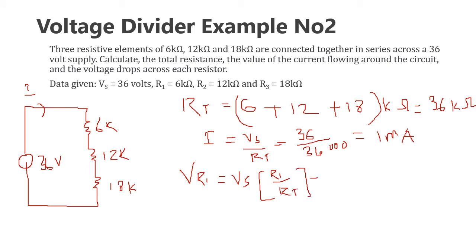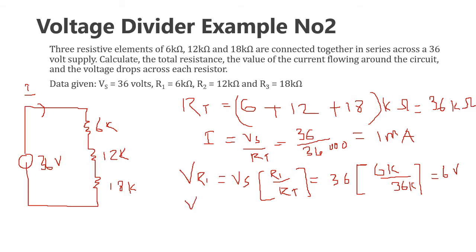Now we can substitute the values: Vs is 36 volts, times R1 6 kilo ohm, over RT 36 kilo ohm. Altogether that will be equal to 6 volts.